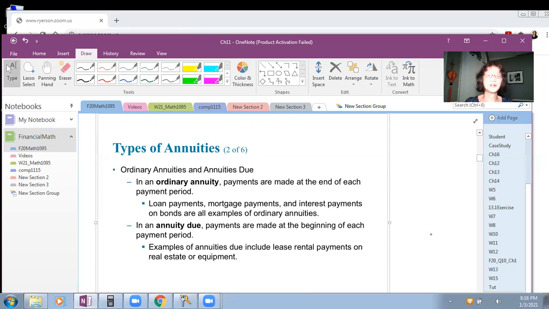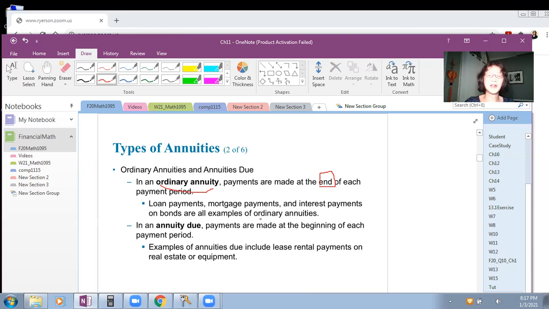So I already explained the types of annuities. So what is ordinary annuity? Ordinary means payment is made at the end of each payment period. Loan payments, mortgage payments, and interest payments on bonds are examples of ordinary annuities.